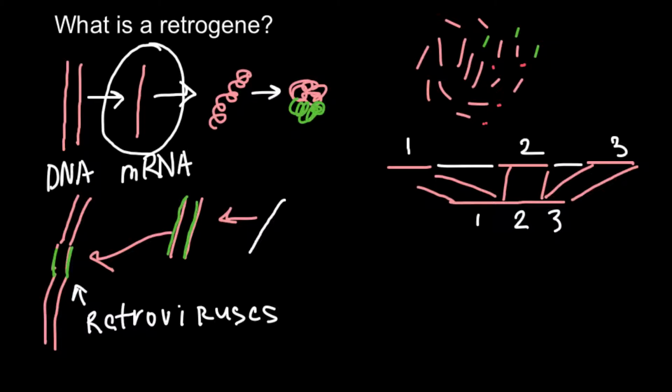Now imagine that such mature messenger RNA is used by the reverse transcriptase of the virus, and a complementary DNA strand is built, then the messenger RNA is degraded, and a second complementary DNA strand is built.